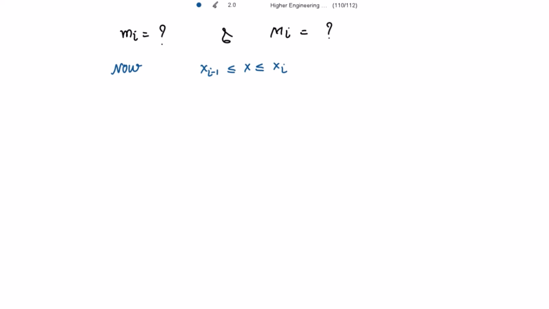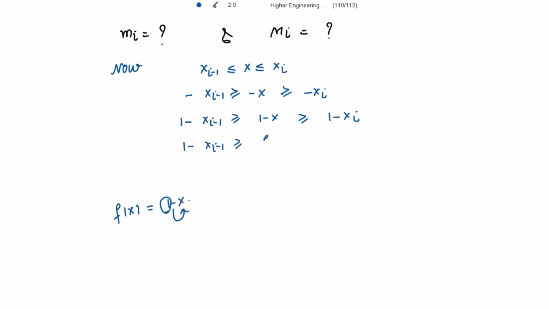To make the function f(x) equal to 1 minus x, we first multiply all through by minus 1. So this is minus x(i minus 1), this is minus x, and this is minus xi, and the signs change. And then we need to add this 1. So this is 1 minus x(i minus 1) greater than or equal to 1 minus x greater than or equal to 1 minus xi. That is, 1 minus x(i minus 1) is greater than or equal to f(x), which is greater than or equal to 1 minus xi.